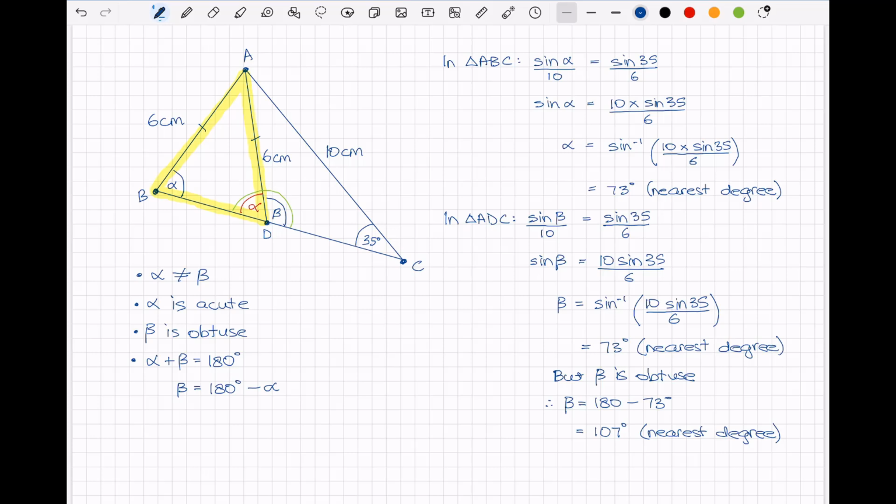And so whenever you're dealing with the sine rule, you need to be conscious of whether the unknown angle you're finding is acute or obtuse. And if the triangles that you're dealing with are drawn to scale, then you should be able to, just by observing, notice whether what you're finding should be acute or obtuse.